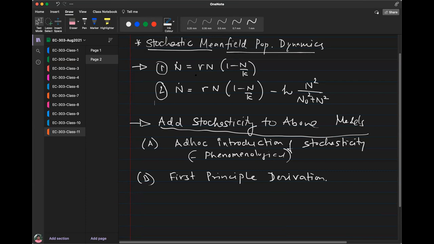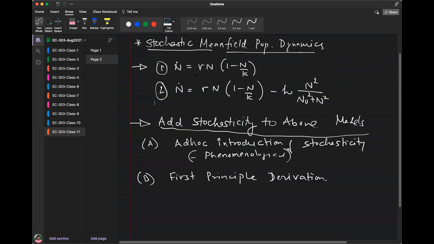But you also remember the way we began the full stochastic spatial model, the contact process. We defined all the probabilistic rules and then derived the mean field approximation for that. That also had the same mathematical form, a linear term in n minus a quadratic term in n.